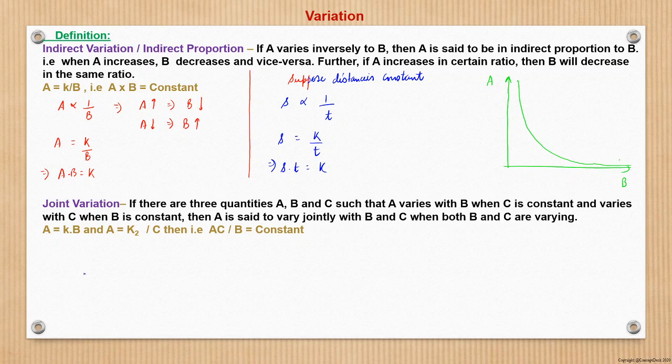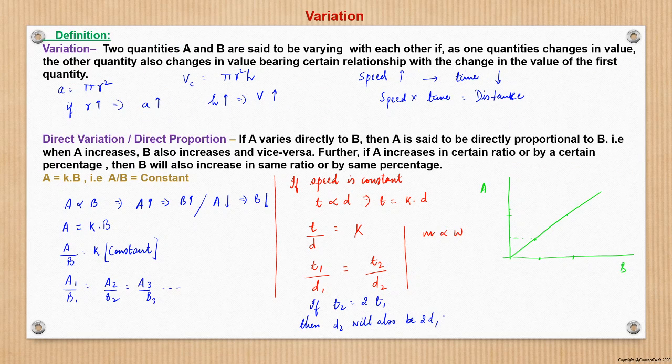Now we will look into another concept of joint variation. See, joint variation is if there are three quantities. So far we have been seeing two quantities, keeping one of them constant. Going here, we saw that area of a circle is pi r square.